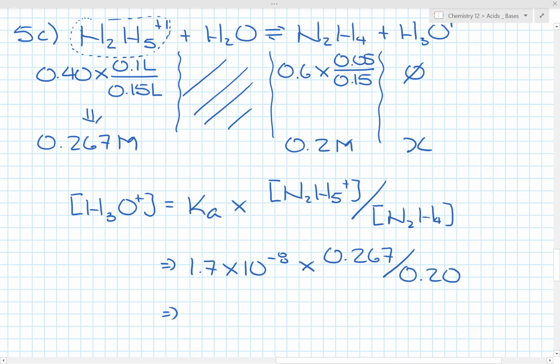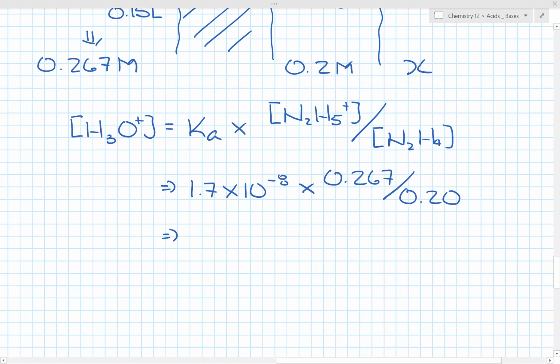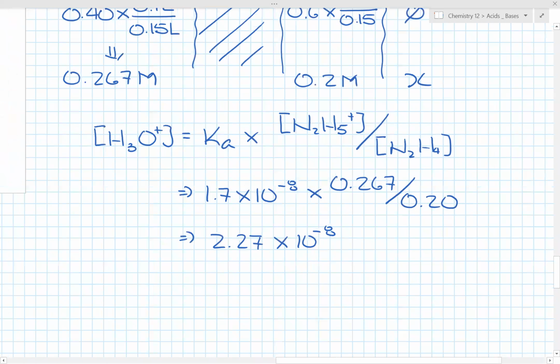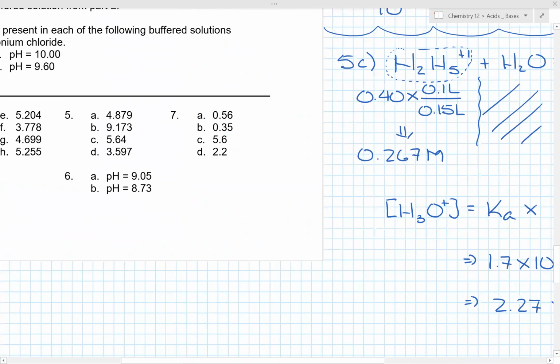And what I would get is 1.7 e to the negative 8 times 0.267 divided by 0.2. So I would get an H3O plus concentration of 2.27 times 10 to the negative 8. And I think the question was, what's the pH?